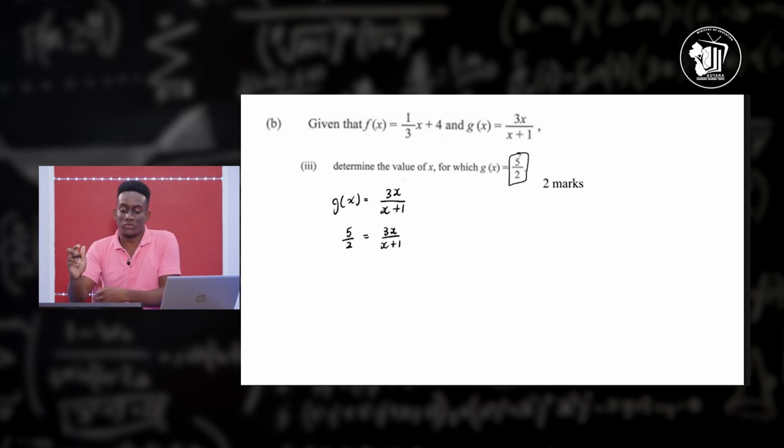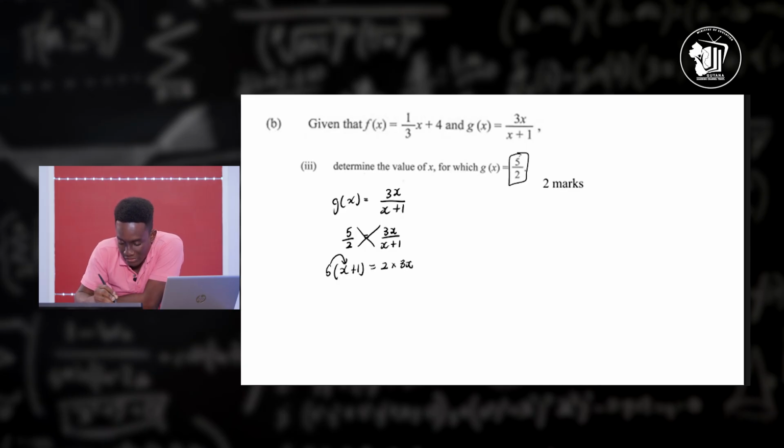Whenever you have a fraction equal to a fraction, to get rid of this, we do some cross multiplication. So we'll have 5 multiplied by x plus 1 is equal to 2 multiplied by 3x. So 5 times x is 5x plus 5 times 1 is 5. This is equal to 2 times 3x, which is 6x. Now we have like terms, so we put them together.